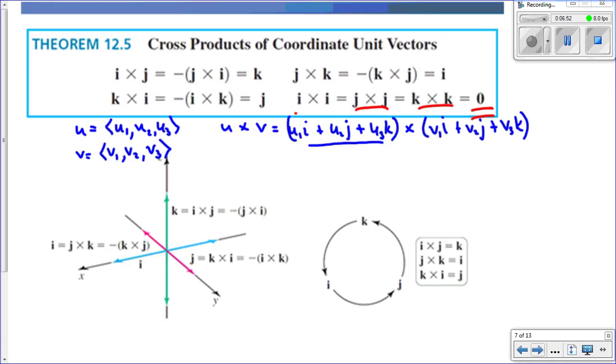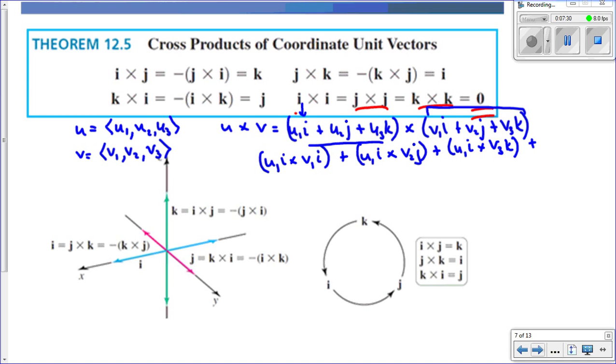This would be equivalent to u1i cross v1i plus u1i cross v2j plus u1i cross v3k. Now that's just taking this first component and crossing each of the vectors in the second on the other side of the cross product.